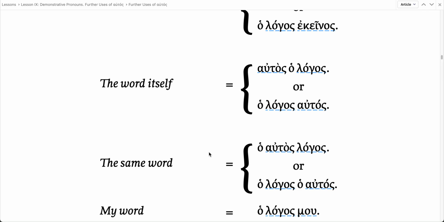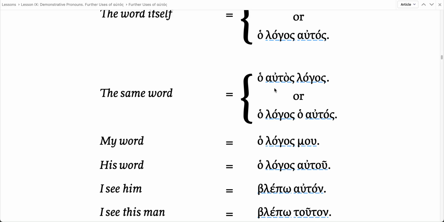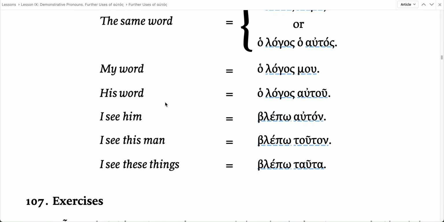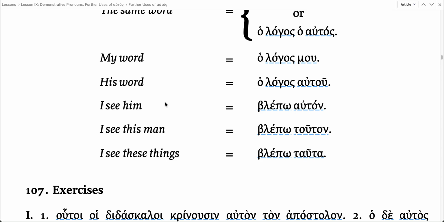Then you have these different uses of autos, in addition to the pronoun use that we looked at last lesson. So you have autos ho logos, so that is the word itself, or you could have the same word in the attributive position. You could also have, these are just more like regular pronouns, my word, this is possessive, his word.